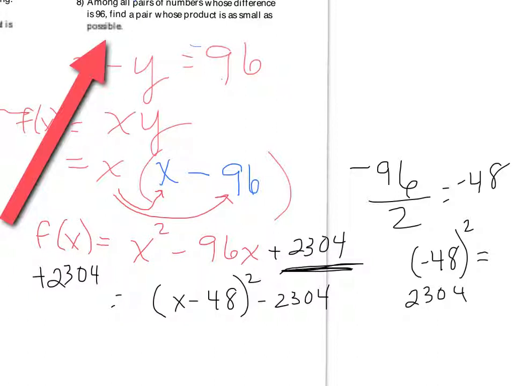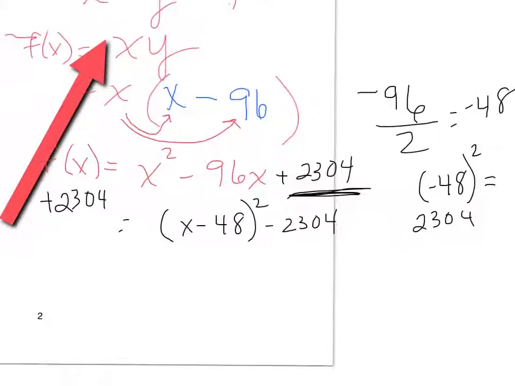Okay, interpreting this, so doing the completing the square, you guys are pros at that. Interpreting it, you got to make sure you're giving the right answer. So this one says, find a pair whose product is as small as possible. 2304 is the product. It's not asking you for the product. Actually, negative 2304 is the product. So you have to interpret the answer correctly.